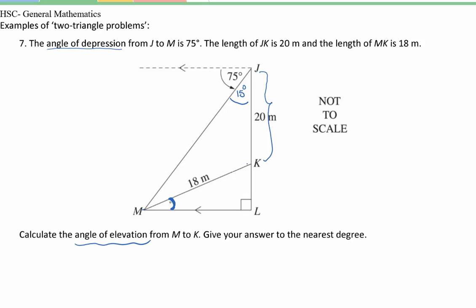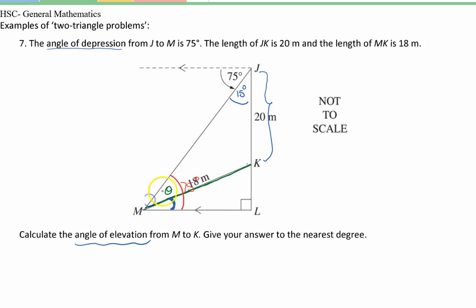Now, what we do know is that the angle of depression there is equal to this entire angle. That red angle all the way around would be 75 degrees. We don't want all of that, we just want this little bit down the bottom. So what we're going to do is find the angle inside here. We'll call it theta, and we're going to find theta in this triangle.